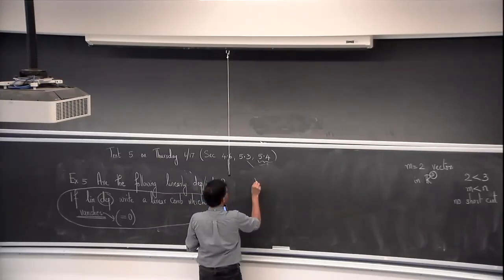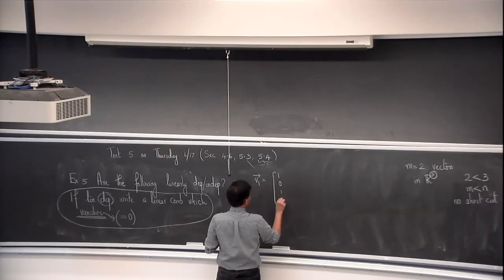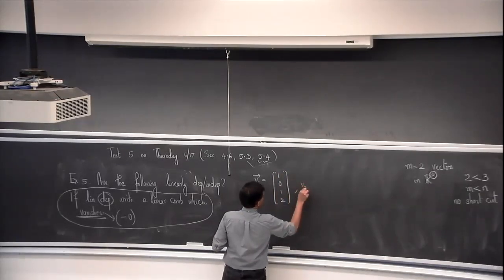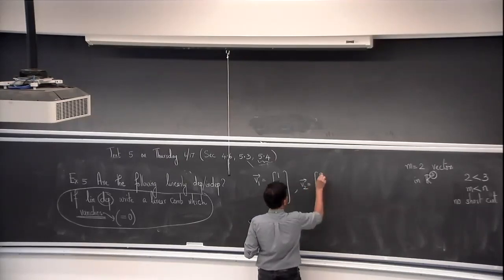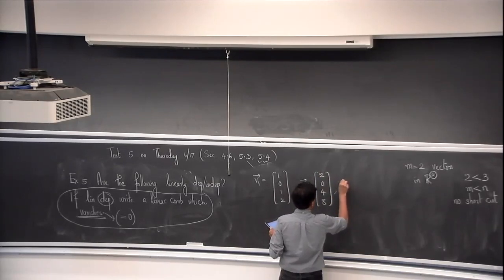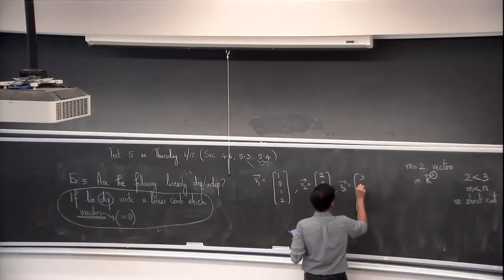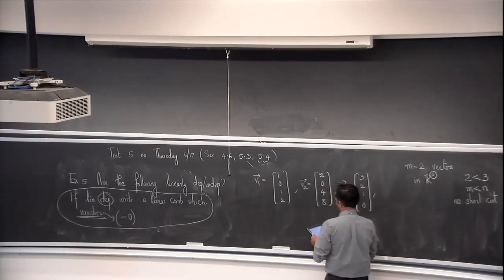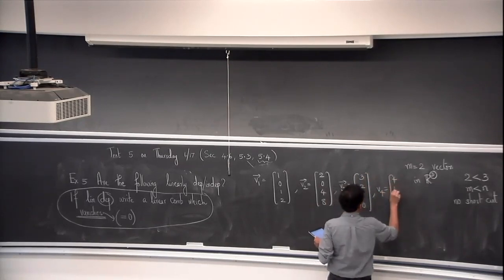V1 equal to (1, 0, 1, 2). V2 equal to (2, 0, 4, 8). V3 equal to (3, 2, 1, 0). V4 equal to (4, 0, 0, 0).